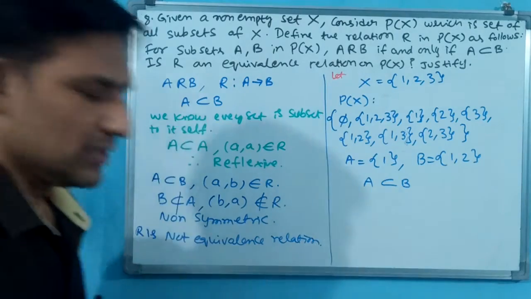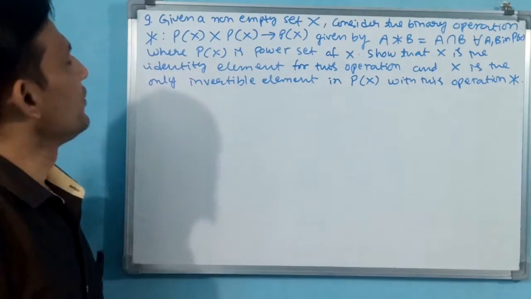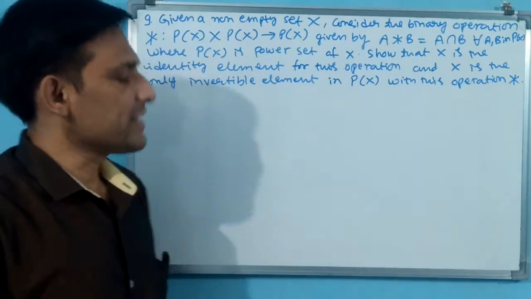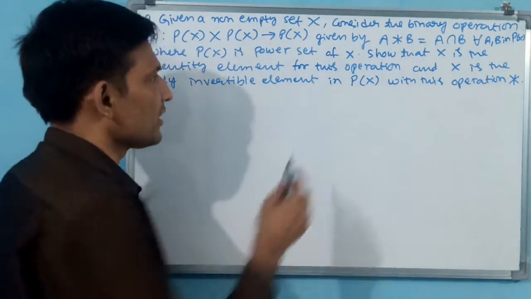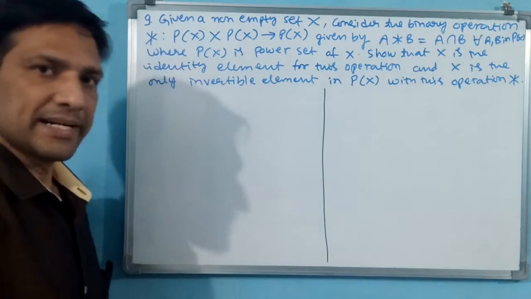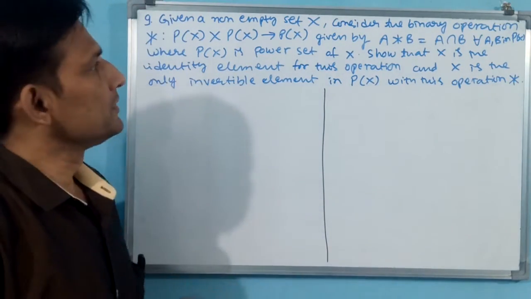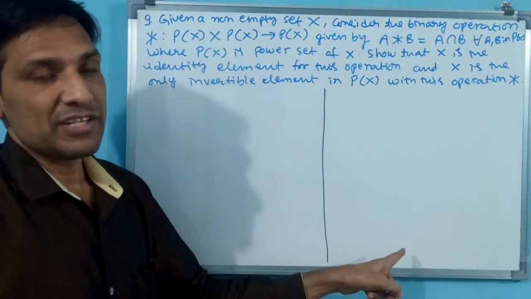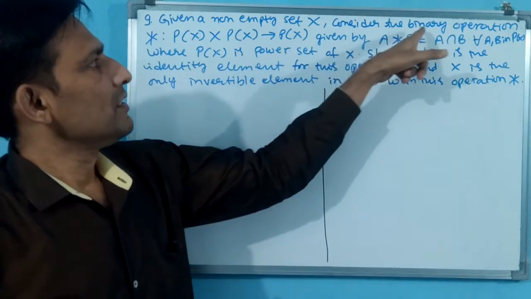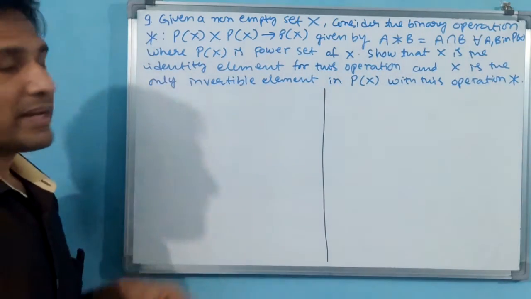We go for the 9th question. Carefully observe: given a non-empty set X, consider the binary operation. Here also we can design some elements and show. Here a binary operation is there; in the earlier question, sets were there. What is the binary operation?